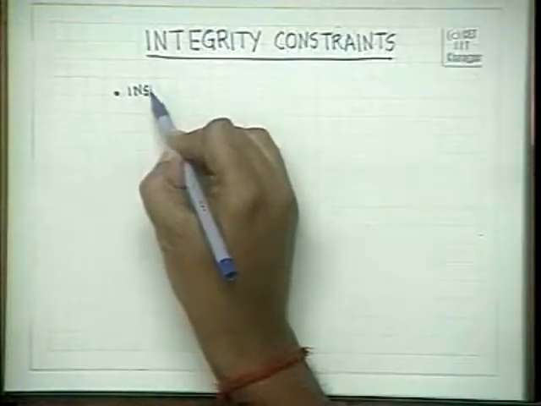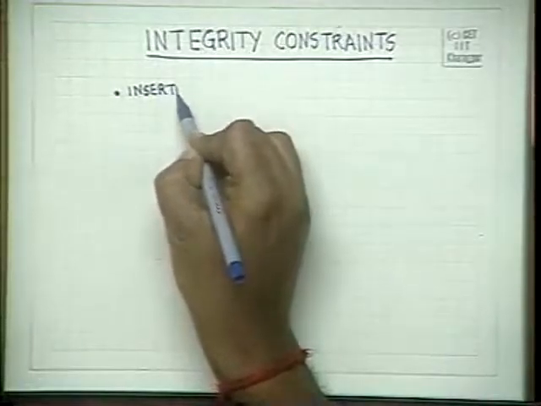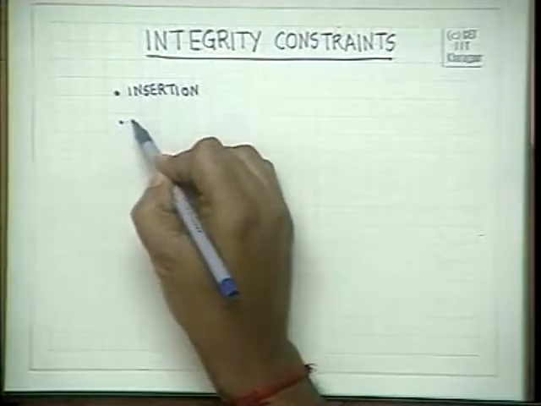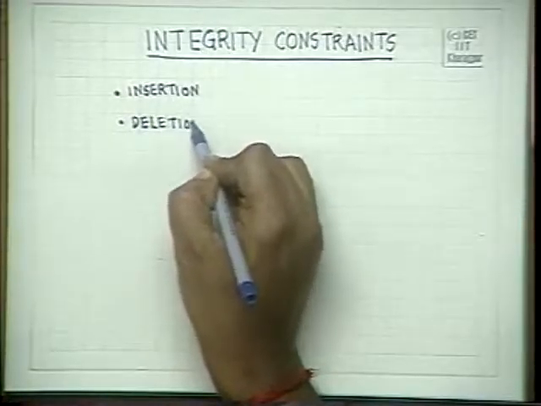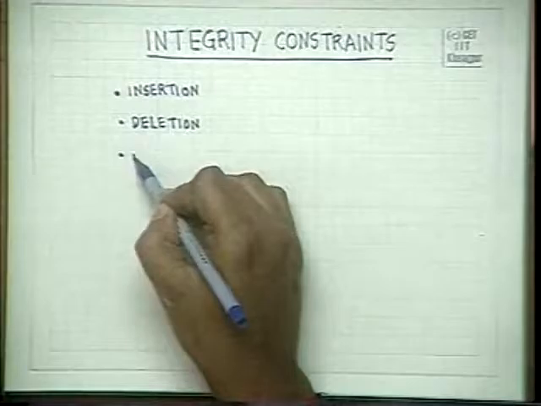Secondly, these constraints have to be checked again and again at every point when you do insertion, deletion, and any modification or updation of the database.